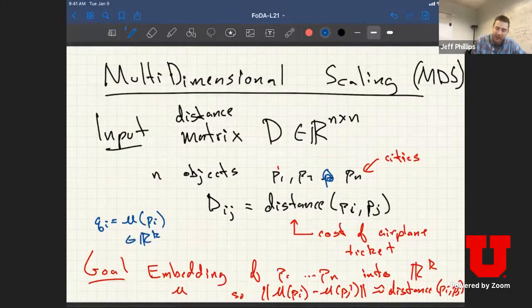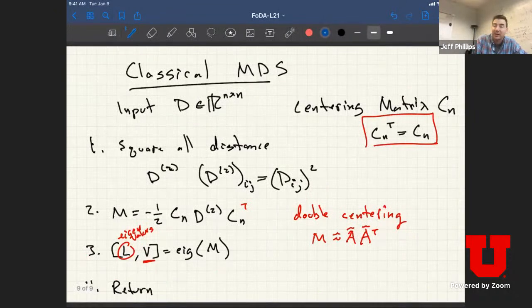So Q_i, and the set I'm going to get back I'll call Q, a set of things. I'm going to take the top K eigenvectors and scale them by the eigenvalues.